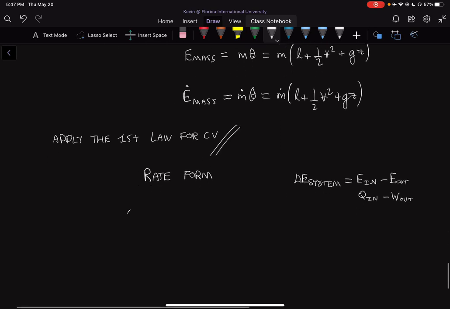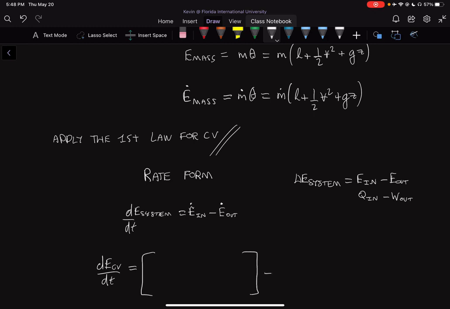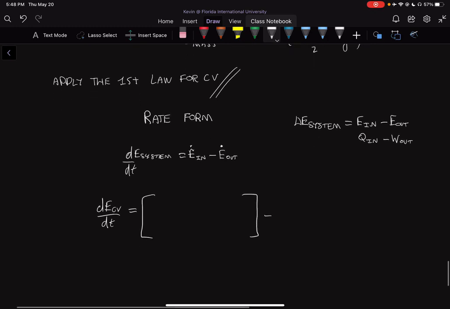So the rate form is dE system divided by dt is equal to E dot in, so the rate of energy, which is the power, minus E dot out. Okay, so that means that we can write dE of control volume dt is equal to whatever is coming into our system minus whatever is coming out of our system.